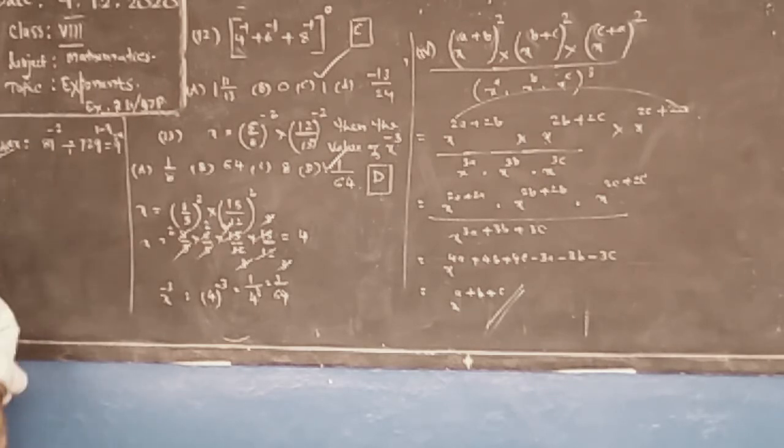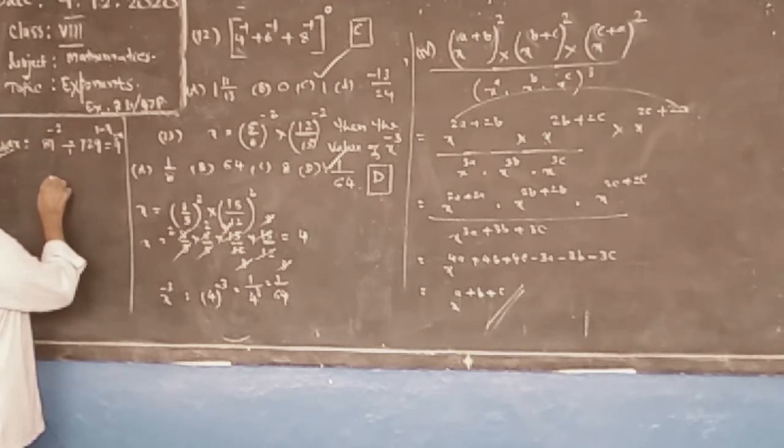Here the bases are 9. 81 can be written as 9 squared. 729 can be written as 9 cube. 9 nines are 81, 81 into 9 is 729.